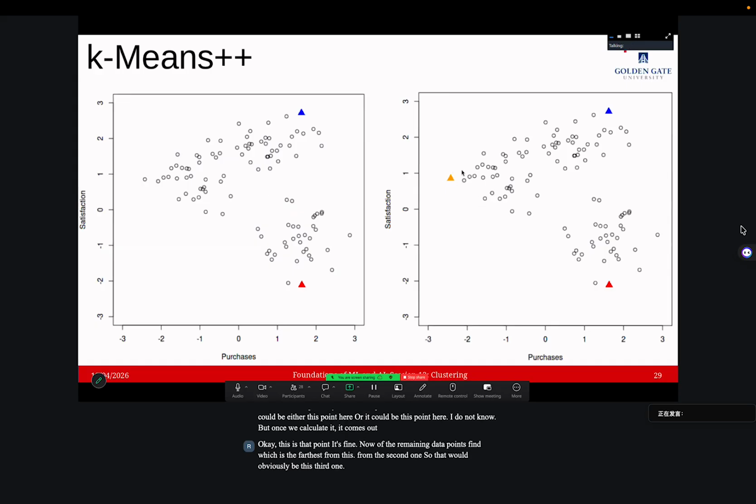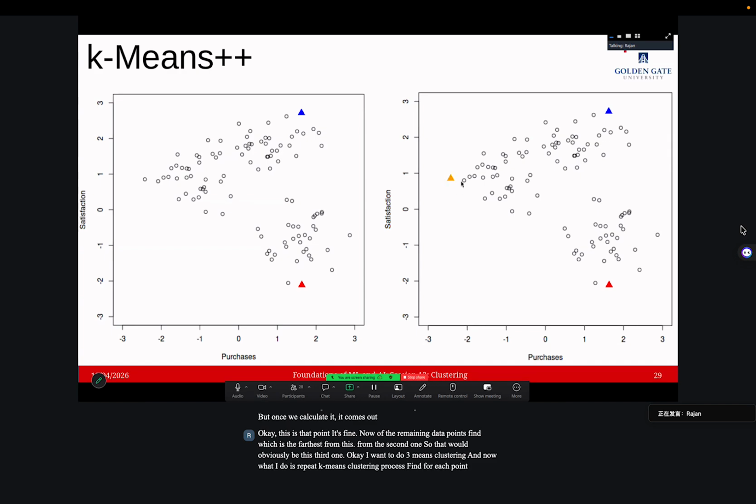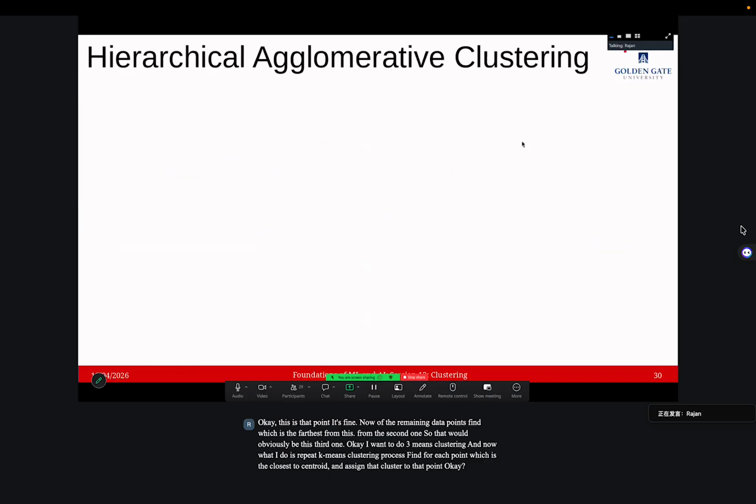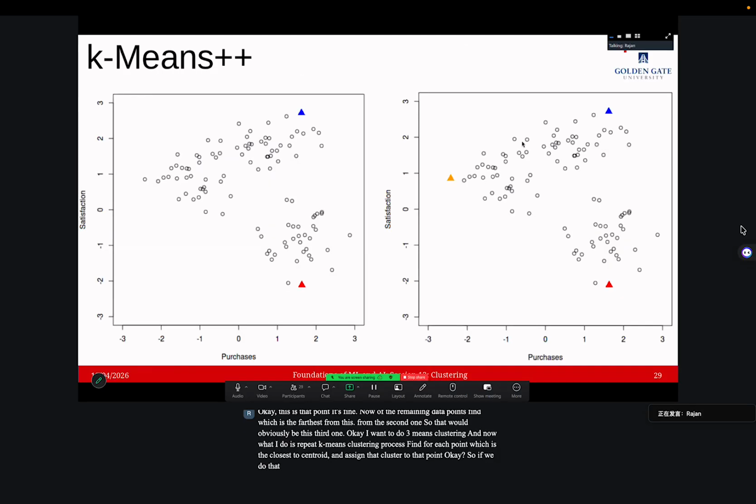Okay. Now I want to do three-means clustering. And now what I do is repeat the k-means clustering process. Find for each point which centroid is the closest and assign that cluster to that point. Every time you do this, you will get the same starting points, and every time you will end up with the same clusters.